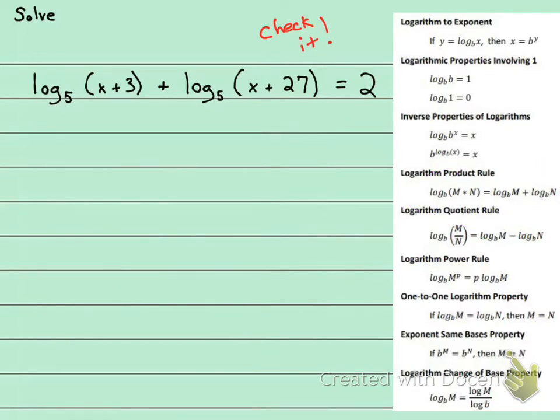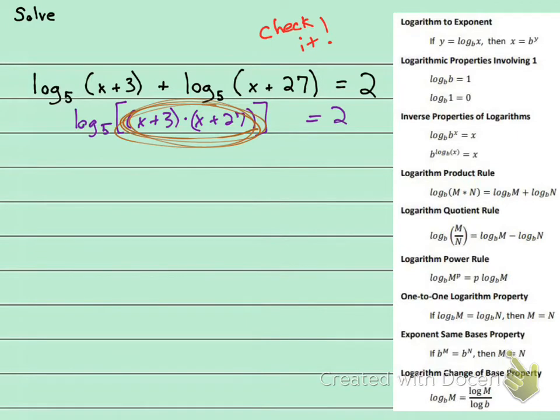So if I apply that rule, I'm going to get log base 5 of (x plus 3) times (x plus 27) equals 2.